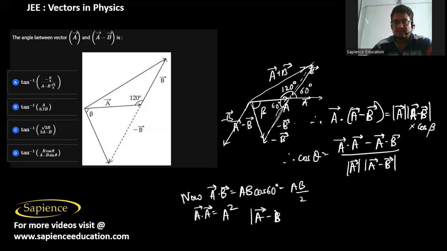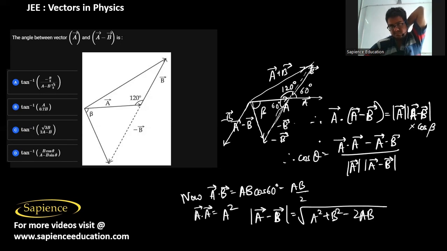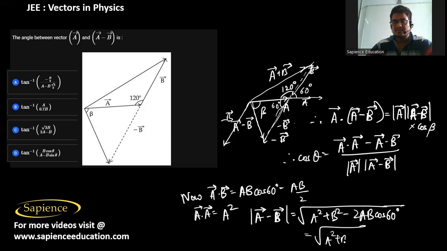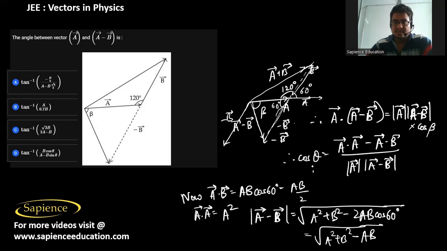And magnitude of A minus B will be equal to square root of A square plus B square minus 2AB cos 60. This will be square root of A square plus B square minus AB, since cos 60 is half. So therefore, cos beta is this.